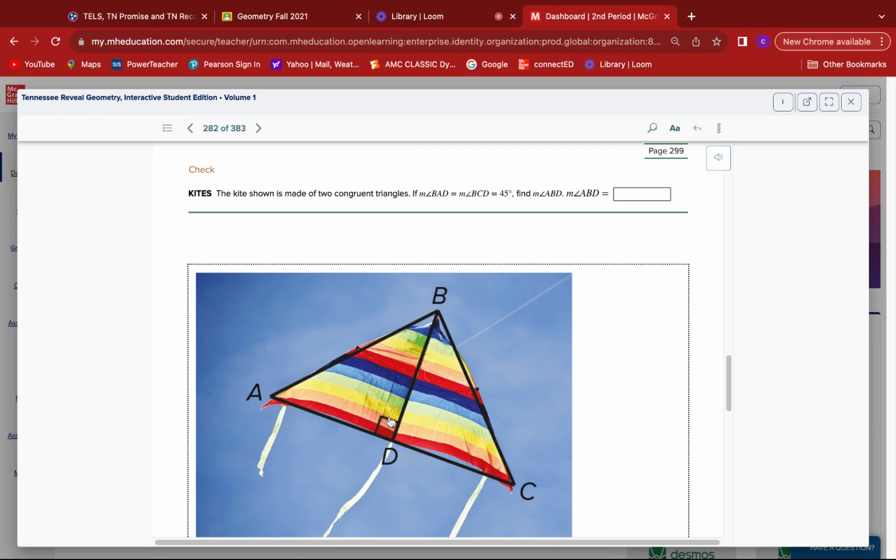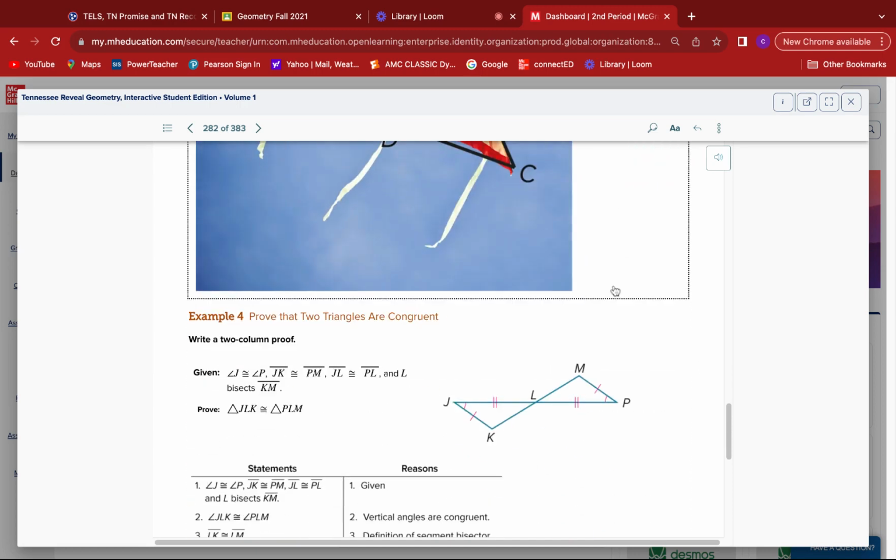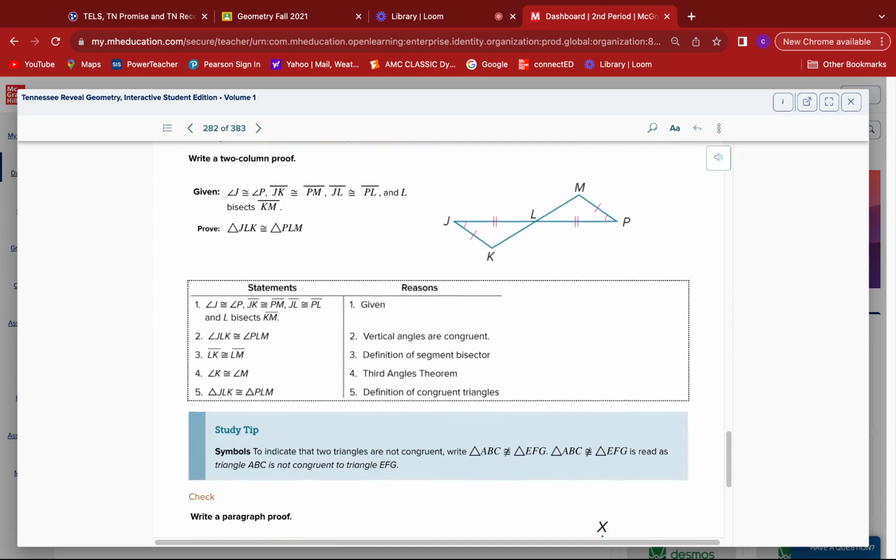Well, if this is a right triangle, then these 2 angles add up to be 90. So shortcut is 90 minus this 45 would also be 45. So 45 degrees.